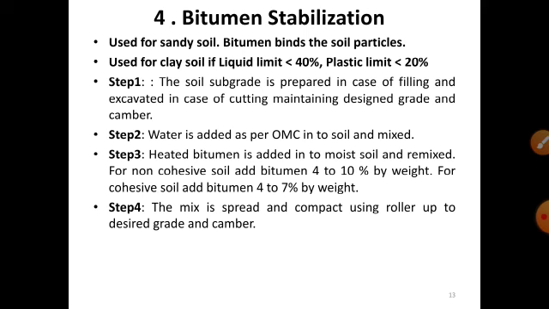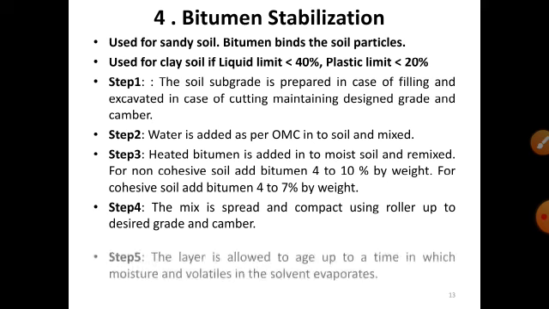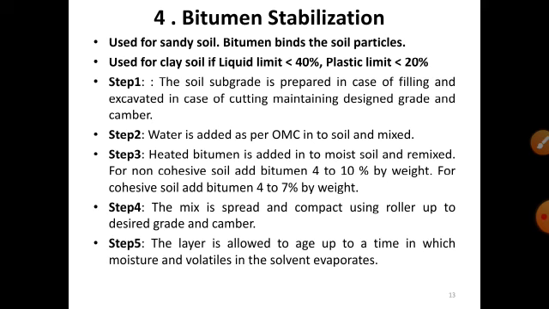Step 4. The mix is spread and compact using roller up to design grade and camber. Step 5. The layer is allowed to age up to a time in which moisture and volatiles in the solvent evaporates.